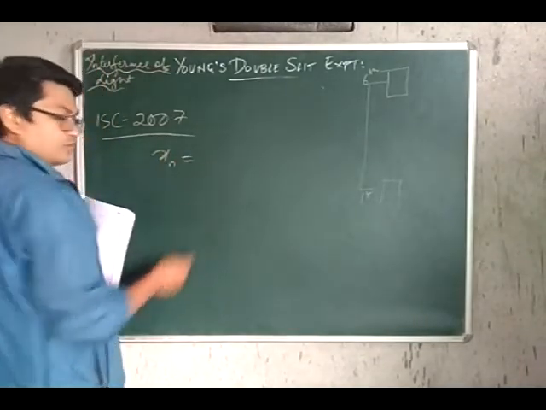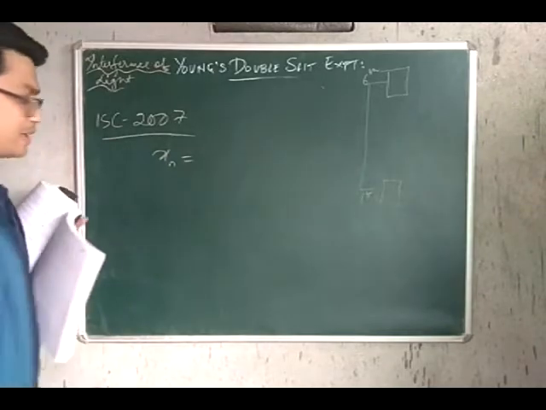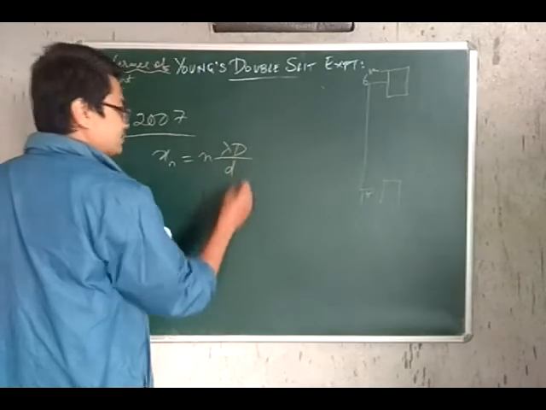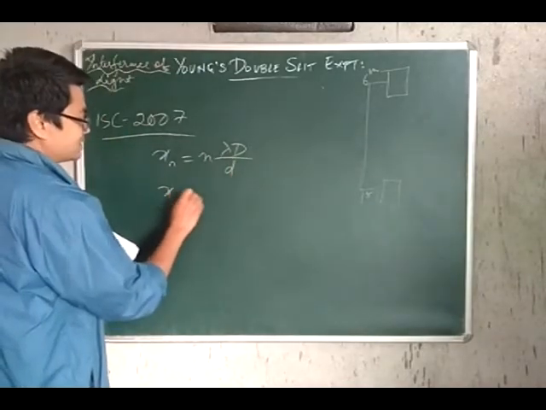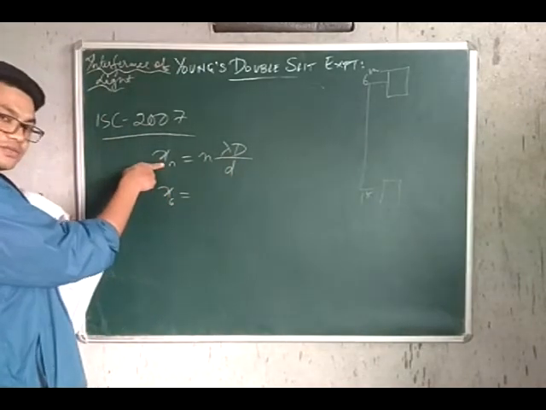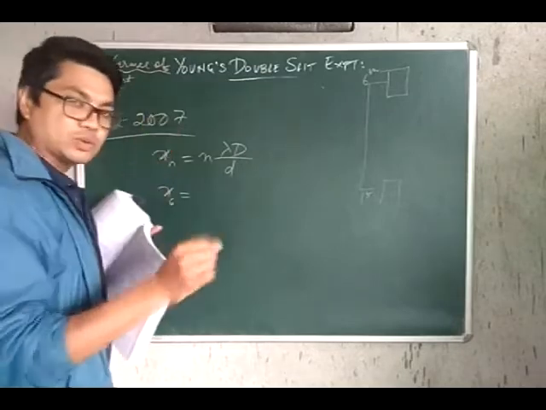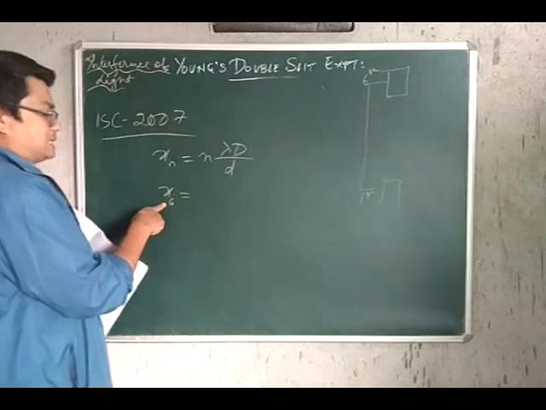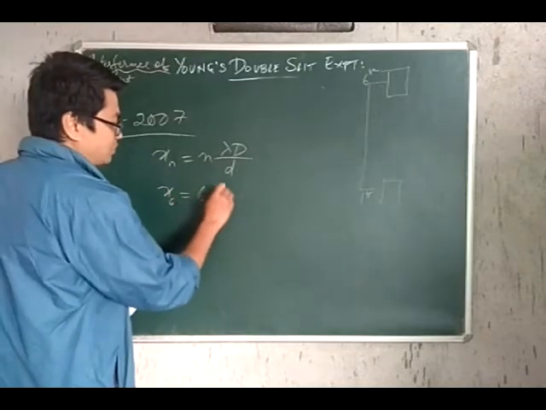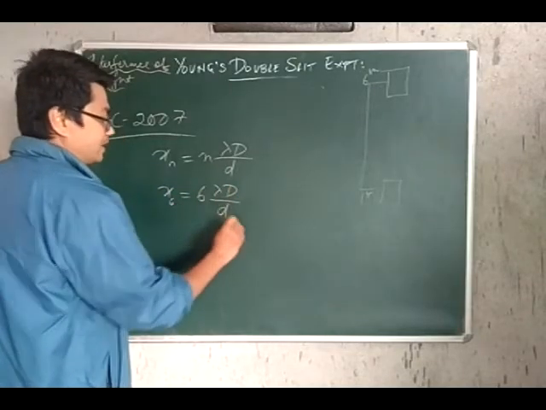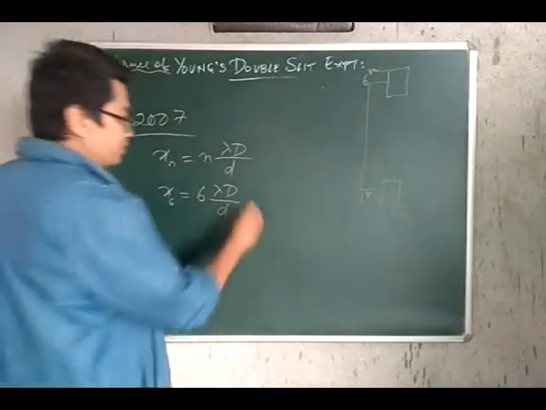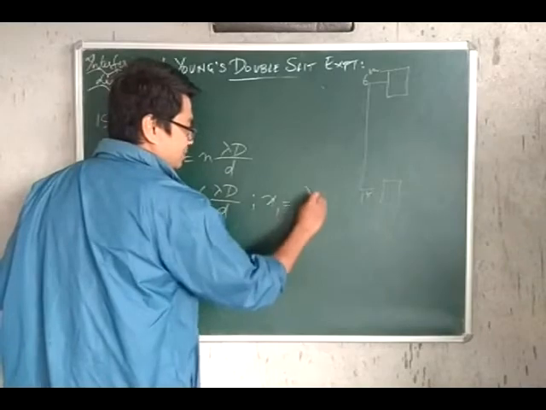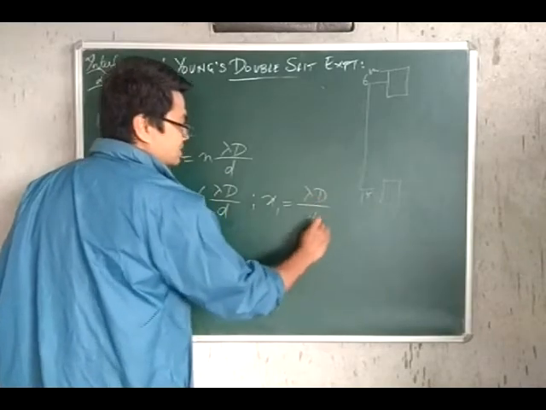The equation for the nth bright fringe is xn equals n lambda capital D by small d, the distance of the nth bright fringe from point O, the central maximum. The position of the sixth bright fringe will be 6 lambda D by small d, and the first bright fringe will be lambda D by small d.